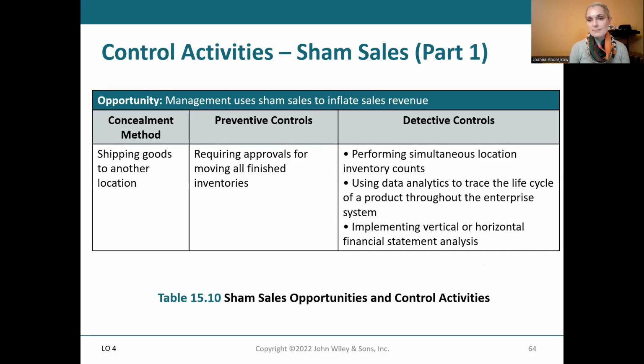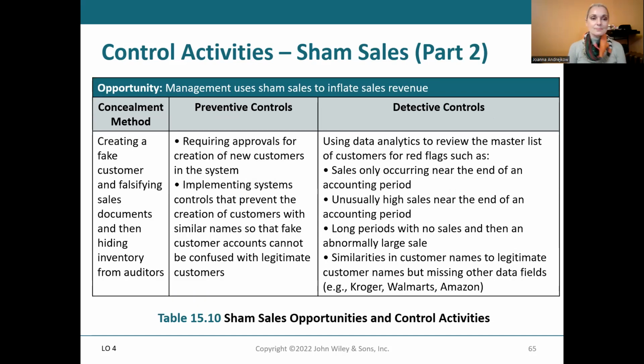Detective controls can be performing simultaneous location inventory counts, so you know precisely how much inventory is in each location. Using data analytics to trace the life cycle of a product throughout the enterprise system, so knowing where the product is. And then implementing vertical or horizontal financial statement analysis that will show that, hey, our revenues are really high compared to previous years. What's going on?